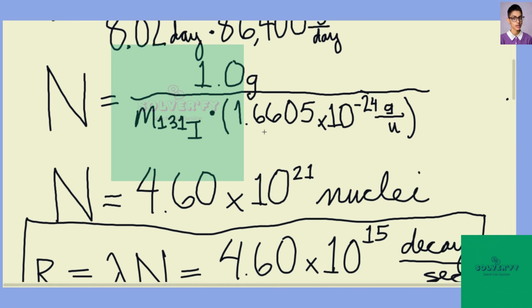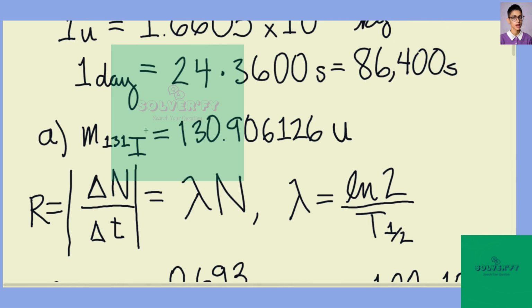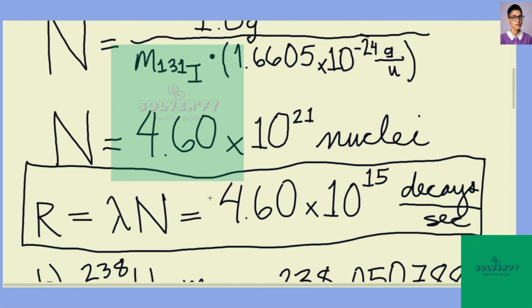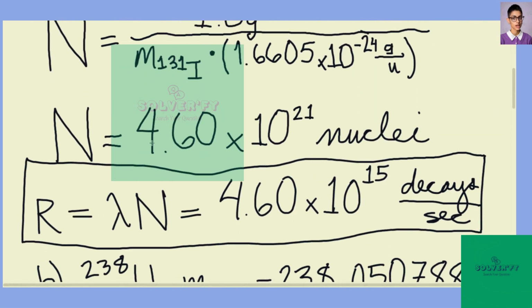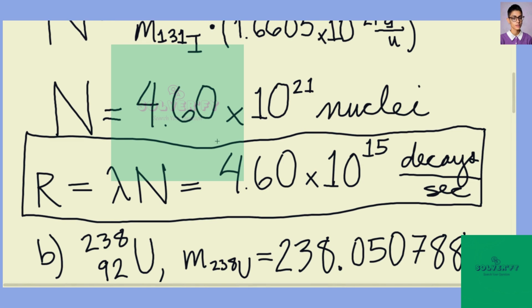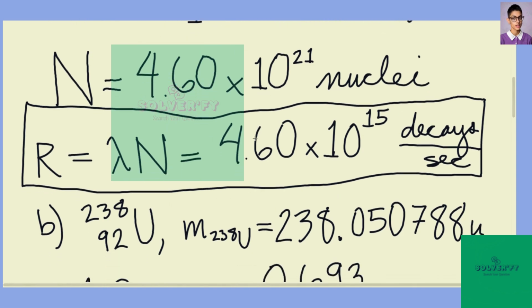Plugging those numbers in, and I remember that I looked up the atomic mass of iodine 131 in Appendix B, we find that there are 4.60 times 10 to the 21 nuclei. So many nuclei in a 1 gram sample of iodine.